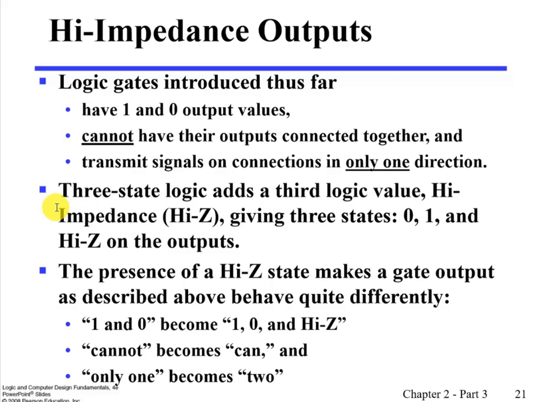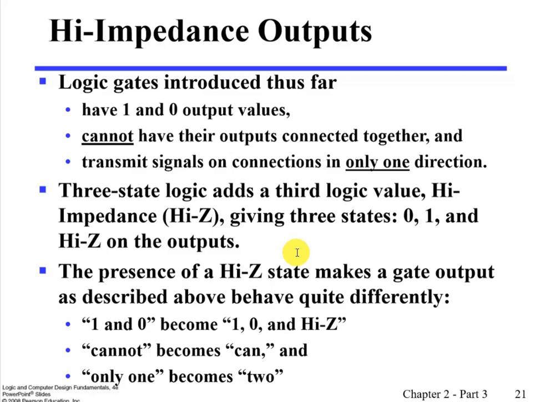Gates with high impedance output have 2 very useful properties. First, the high Z outputs can be connected together, while when we have only 1 and 0, we cannot have them connected together, provided that no 2 or more gates drive the line at the same time with opposite values, 0 and 1. And the second important property of the high impedance state is that because it acts as an open circuit, we can have an input attached to it internally.